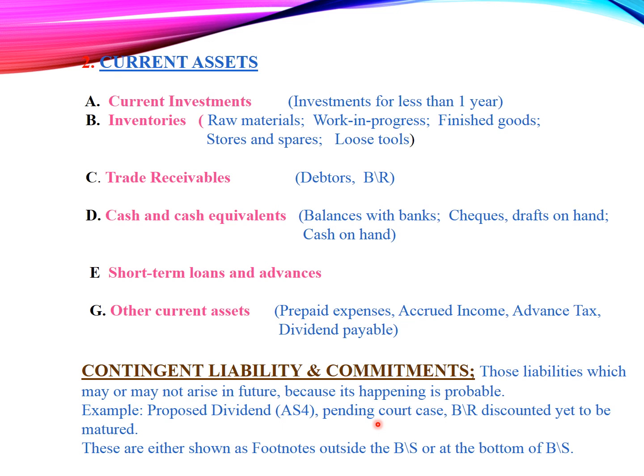So when you are closing your books of accounts and this situation happens, you do not know whether the drawee will honour the bills receivable or not. So these items are either shown in footnotes outside the balance sheet, or if shown in the balance sheet, they are shown at the last bottom and the items are not taken in the total.